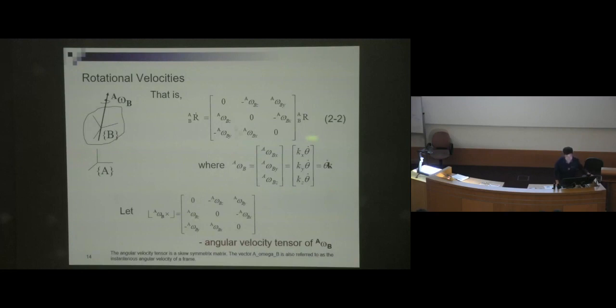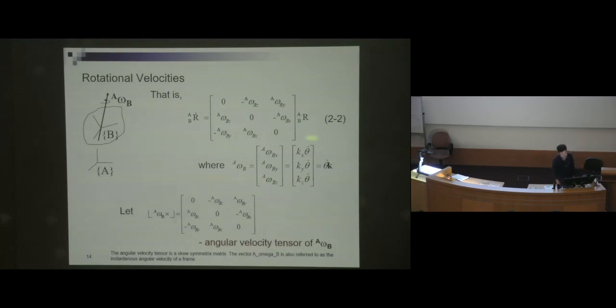If you simplify it further, this essentially is a skewed symmetric matrix. The skewed symmetric matrix can also be represented in this manner, which is your A omega B cross, with a floor symbol. This is used to represent a skewed symmetric matrix. Okay.